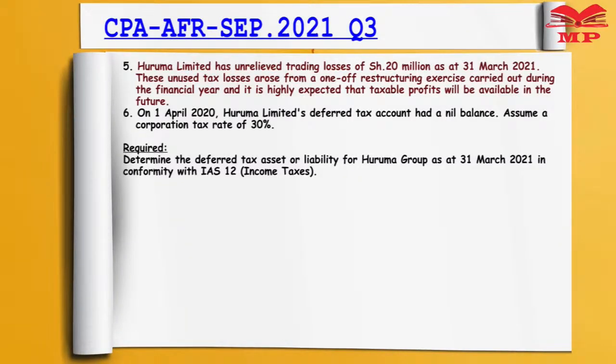Then the last one, Huruma Limited has unrelieved trading losses of 20 million as of 31st March 2021. These unused tax losses arose from a one-off restructuring exercise carried out during the financial year, and it is highly expected that taxable profits will be available in the future.